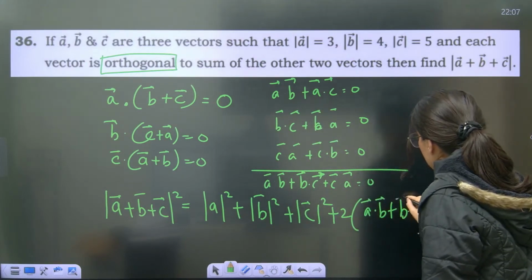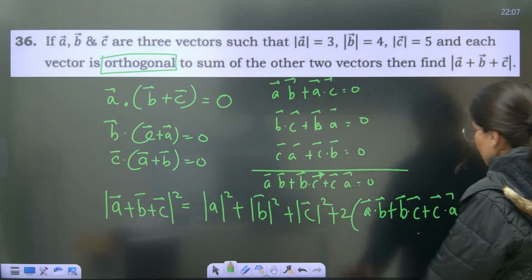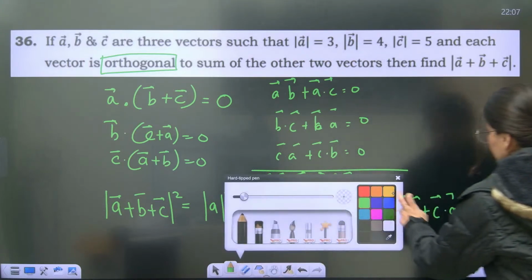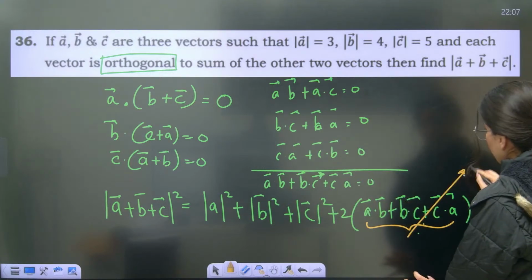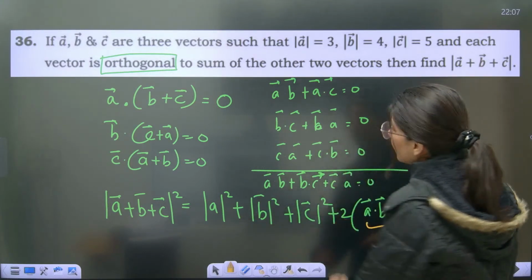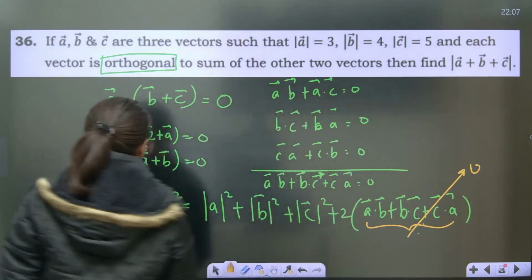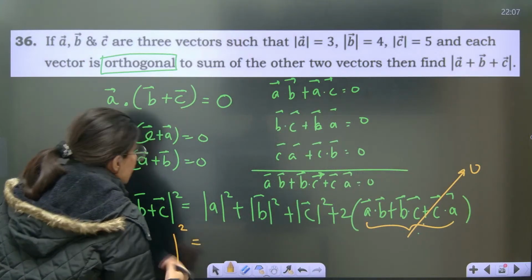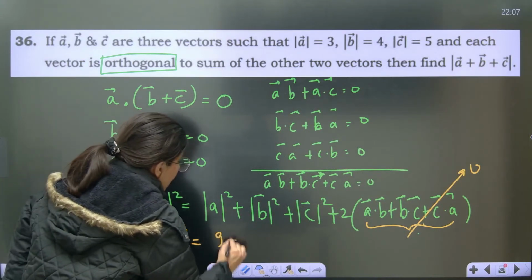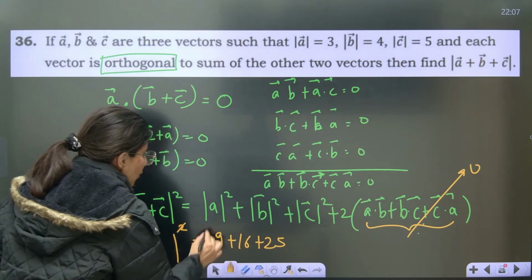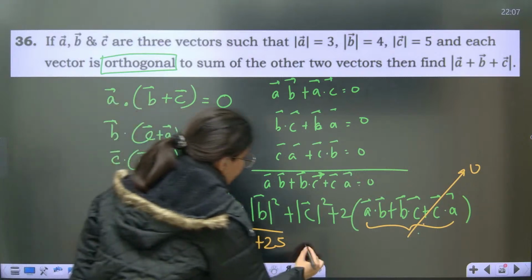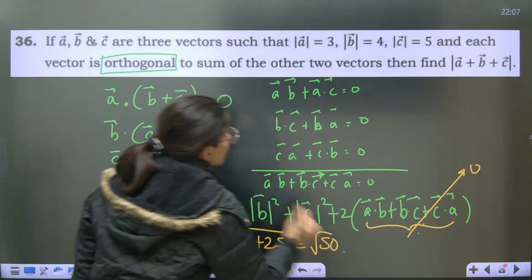This equals to 0. So this is your 0 and this is given to you, right? So A plus B plus C whole square is equals to 9 plus 16 plus 25. So square will be gone, root will be right here. So root 50 is the correct answer of this question.